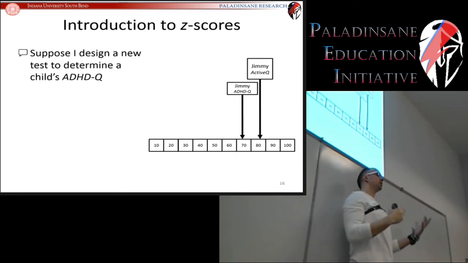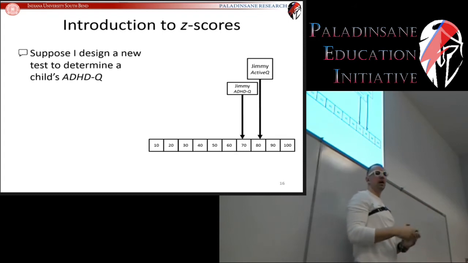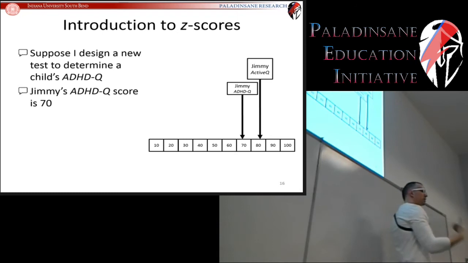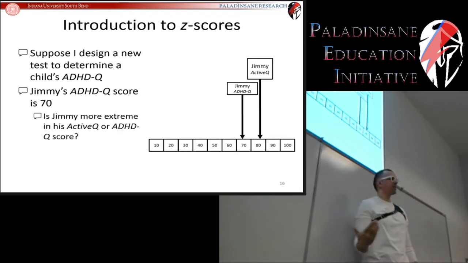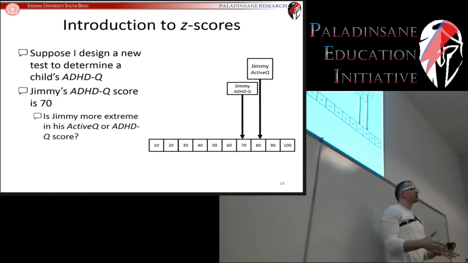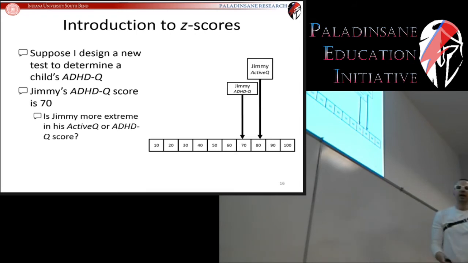And now our question is, which one of these is more extreme? So is Jimmy more extreme in his level of activity, or is he more extreme in his level of attention deficit? And notice that intuitively, we would take a look at this and we would say, well, his active Q is 80, his ADHD Q is 70.